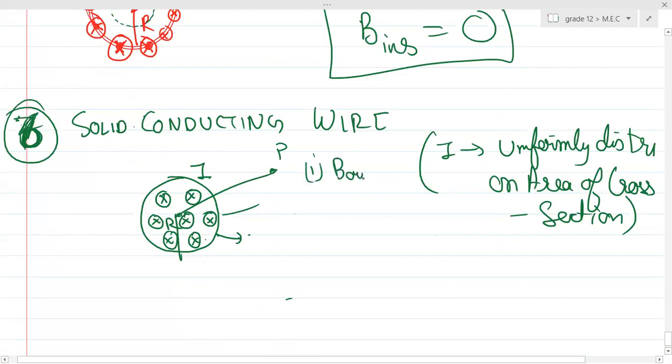You need to find B out, B surface, and the last part, B inside. I think only this part you will not be able to do. If you do it, then it's a good thing. But the only doubt will arise in this portion, B inside. B out and B surface are the same as the previous one, right? So I think you will be able to solve this.